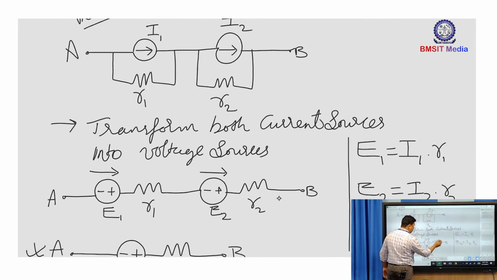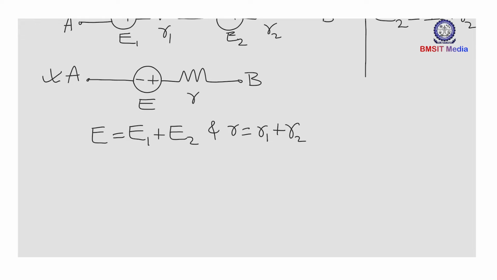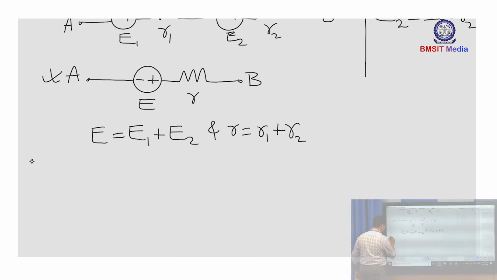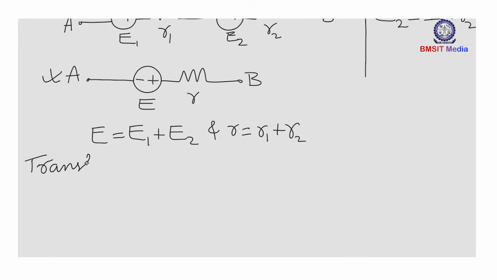So now as I got the equivalent voltage source between A and B, I can now convert this into a current source. So we can transform this voltage source into a current source. I can put a note here: transform the voltage source into current source.